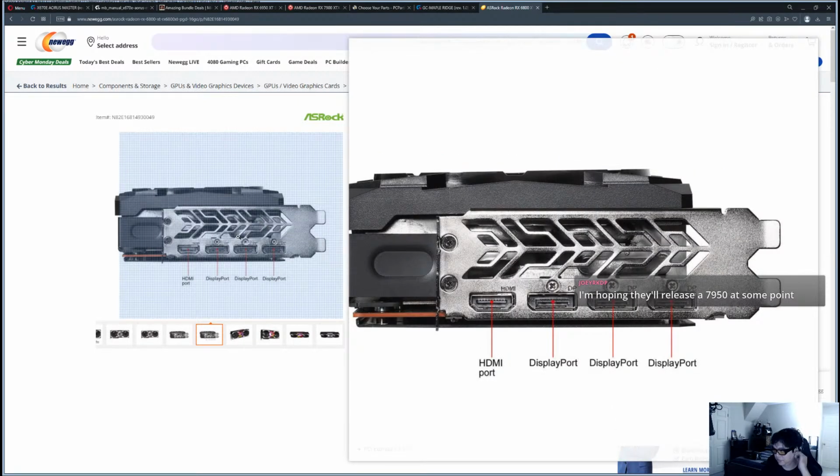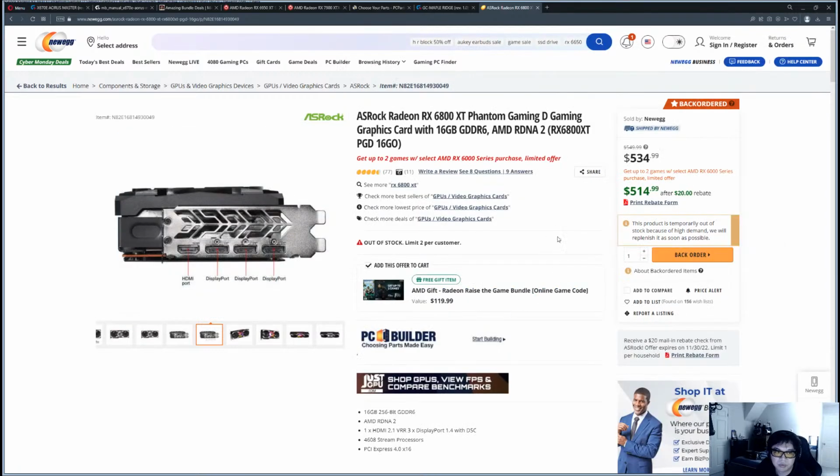So, yeah. That'll probably be a while from now. If there is going to be a 7950 XTX, it's probably going to be a year from now, or at the earliest, late summer next year. I don't foresee that coming soon.